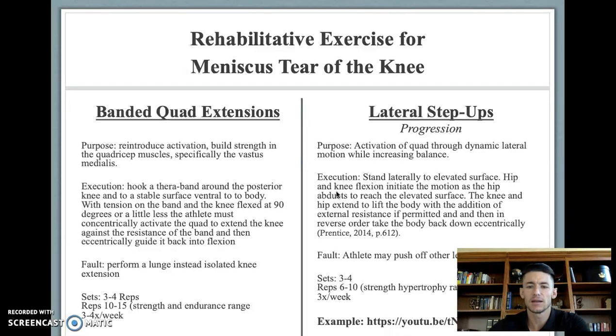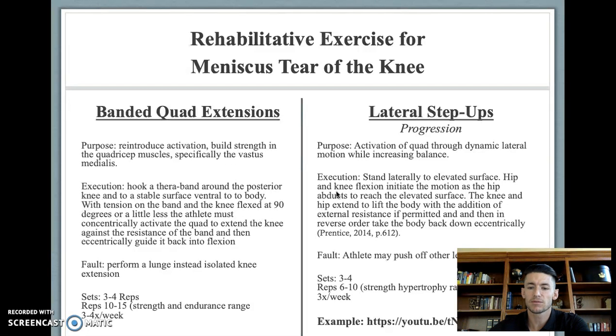The knee and hip will then extend concentrically to lift the rest of the body up, and then in reverse order will eccentrically take the body back down. An athlete may push off of the other leg in order to compensate for the resistance of the concentric phase of this exercise, which is a common fault that needs to be watched out for.